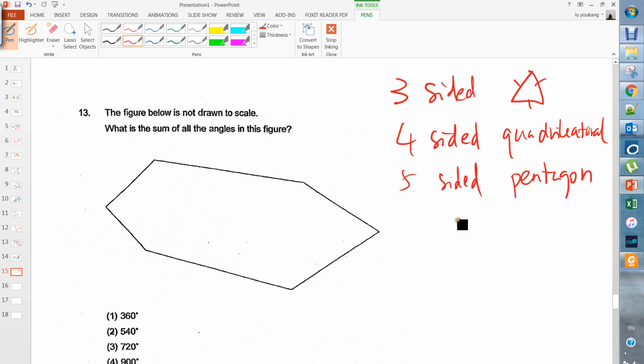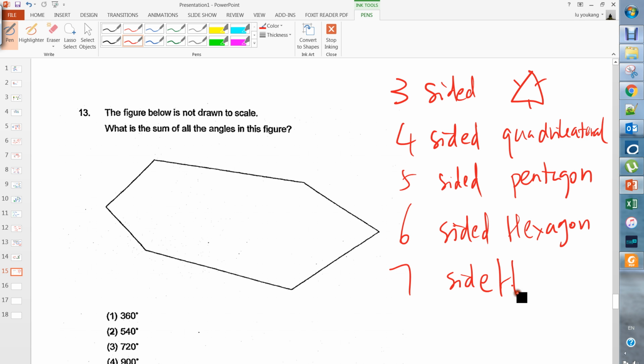So from today onwards, go and memorize. 6-sided is hexagon. 7-sided is called heptagon. 8-sided is called octagon. You are going to memorize all these, okay?